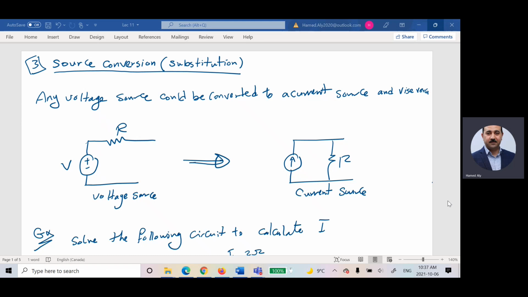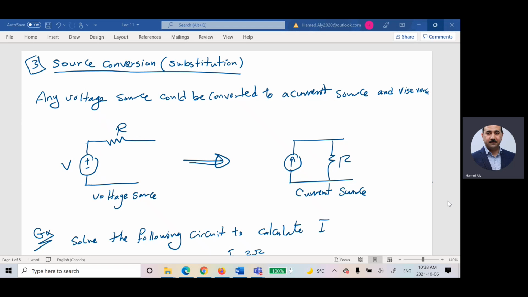Today, I'm going to introduce a new method, which is called source transformation, or source conversion, or source substitution. Actually, this method is used for simplifying the circuit.